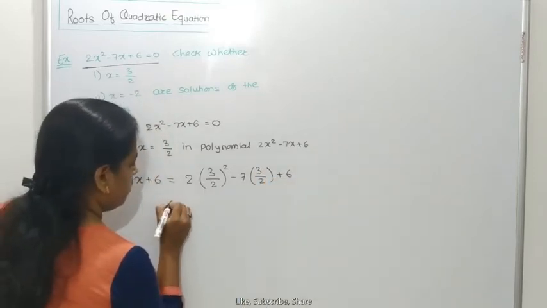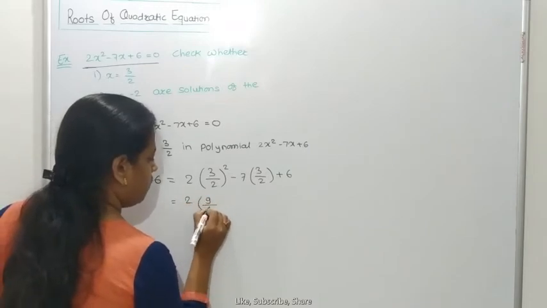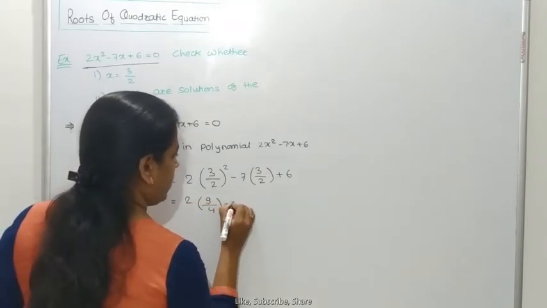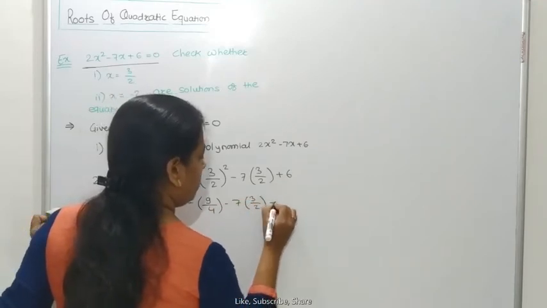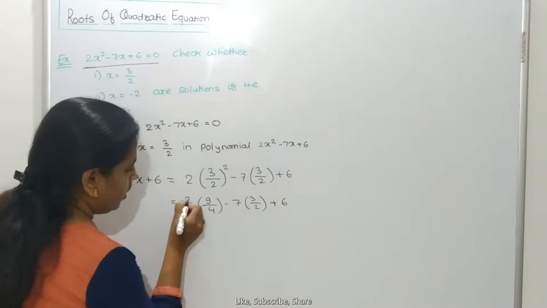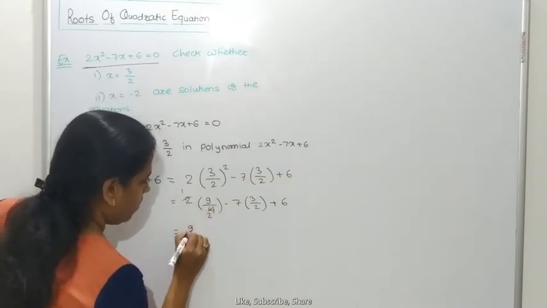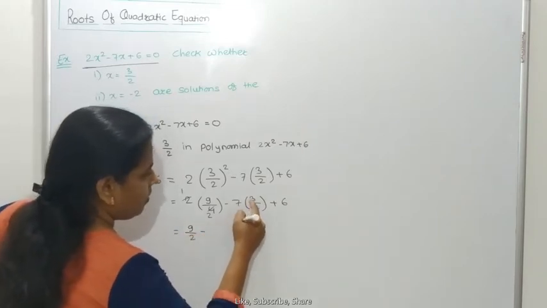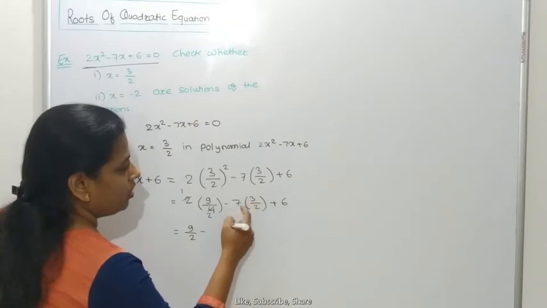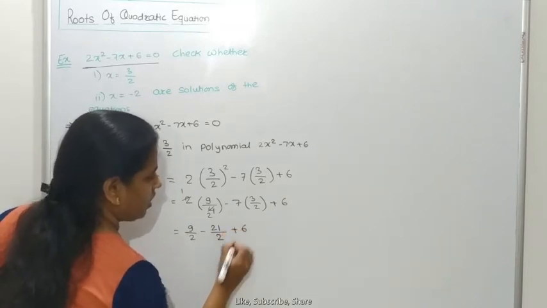Just solve this. What do we get? 2 times 9 upon 4, minus 7 times 3 upon 2, plus 6. Then 2 ones are 2, 2 twos are 4, so we get 9 upon 2 minus 7 times 3, which is 21 upon 2, plus 6.